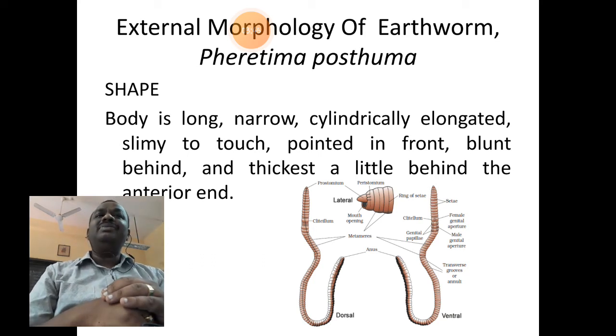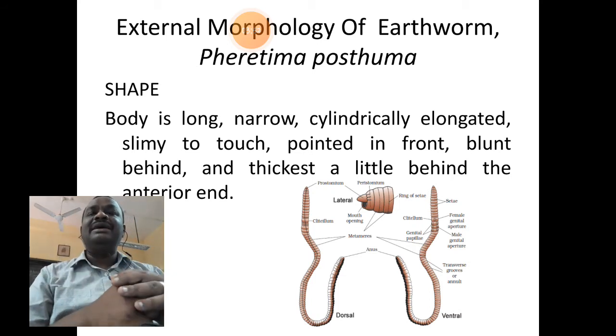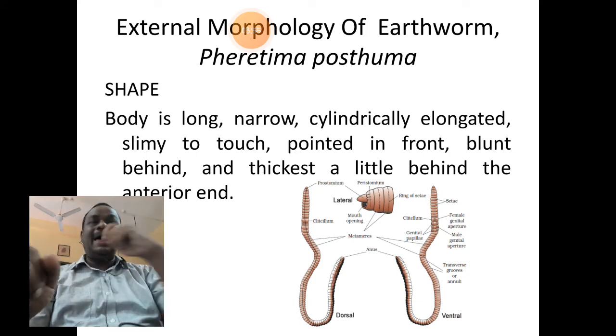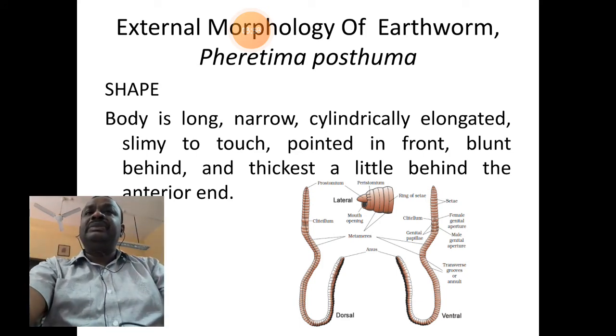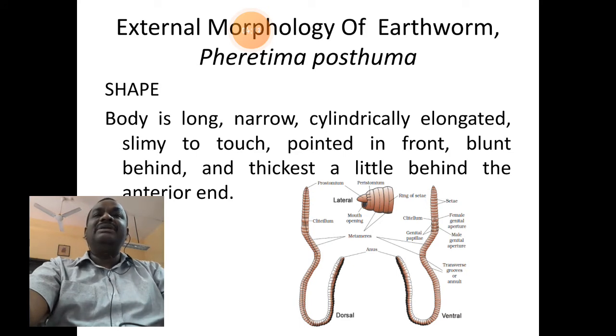The earthworm has a body which is elongated, long, vermiform, that is cylindrical and narrow. It is a very slimy organism to touch because of the mucus it secretes on the epidermis, that is the skin.